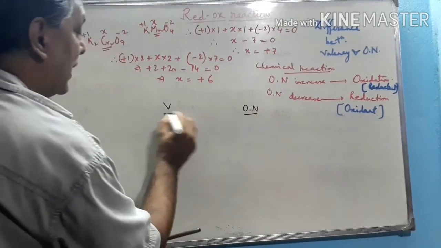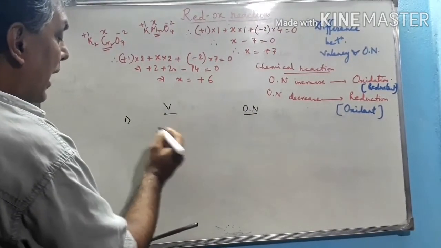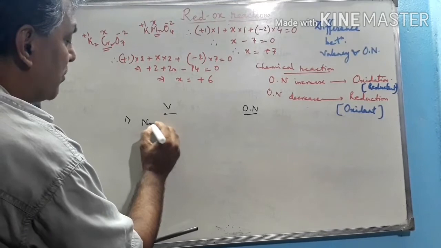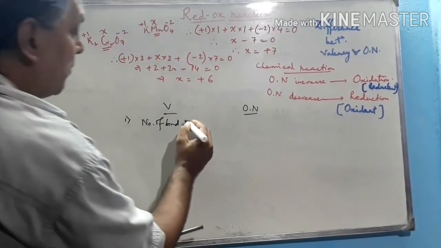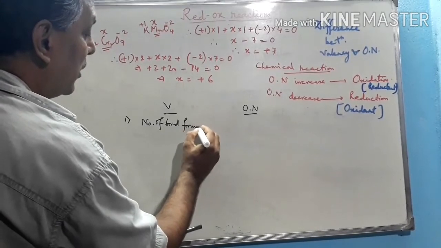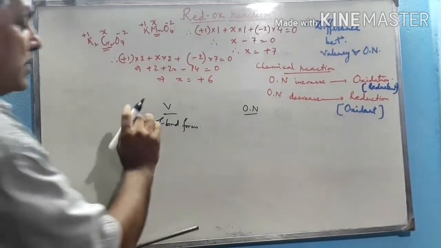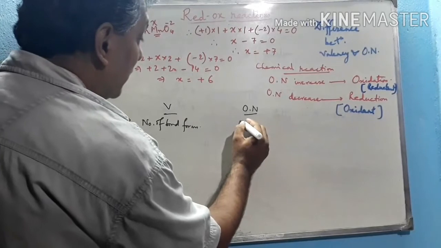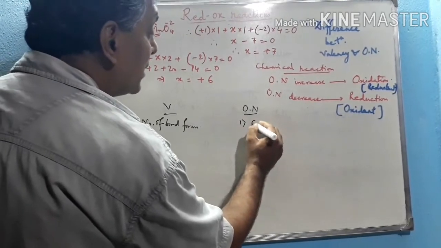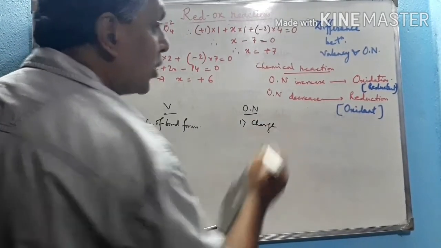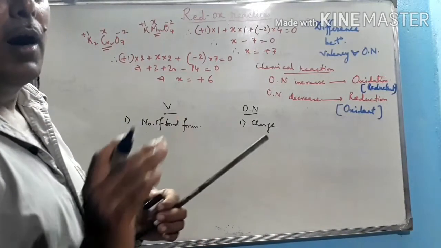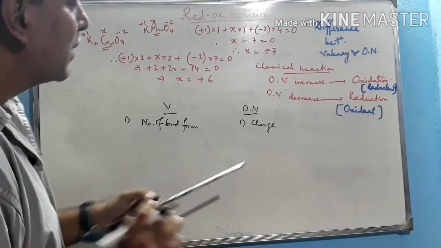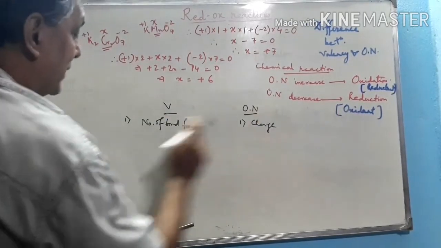The first point, number one: valency is the number of bonds formed, sigma and pi bonds, between two or more atoms. But the oxidation number is the charge occupied by the atom or radical over it after complete transfer of electron, or actually partial transfer of electron. So this is the charge occupied.